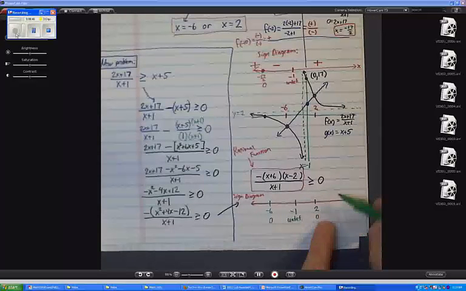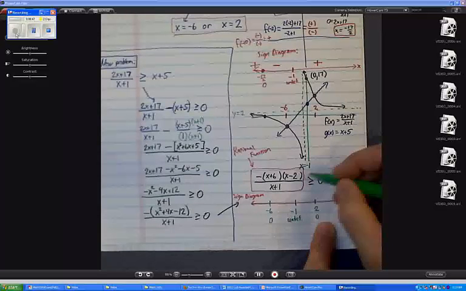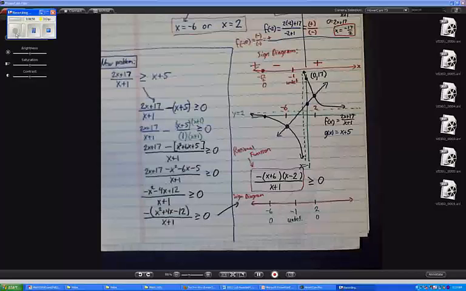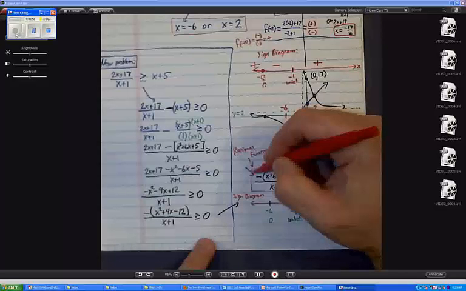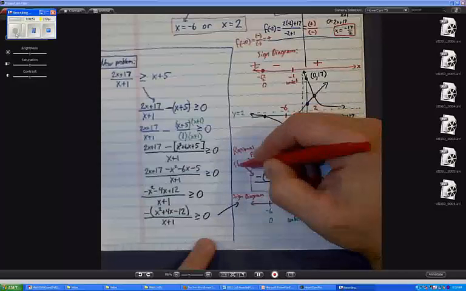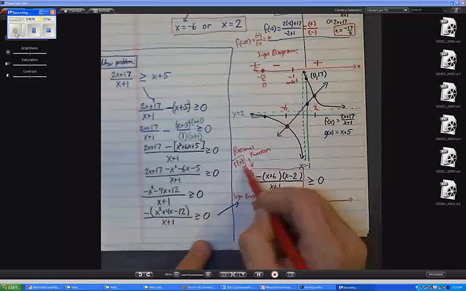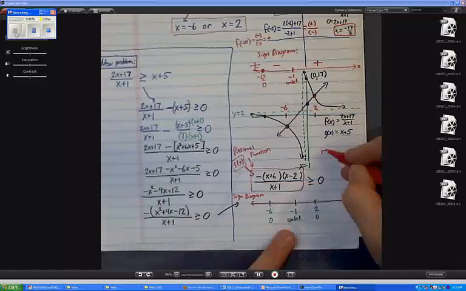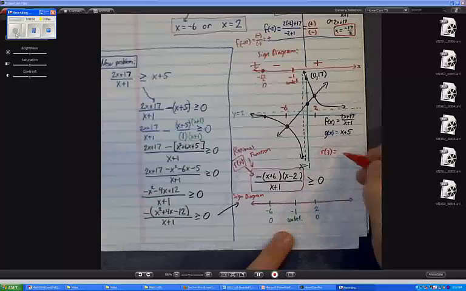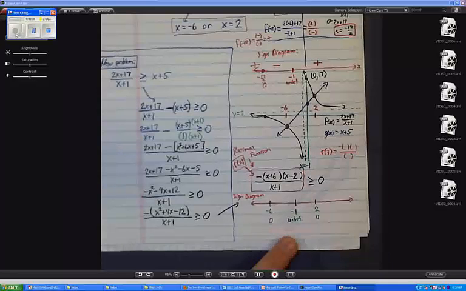3. Okay? So let's call this rational function, just for the heck of it, r of x. If that's called r of x, then I'm going to find, for example, r of 3. R of 3 looks like this. There's a negative sign, there's 2 parentheses, and there's 1 parentheses.